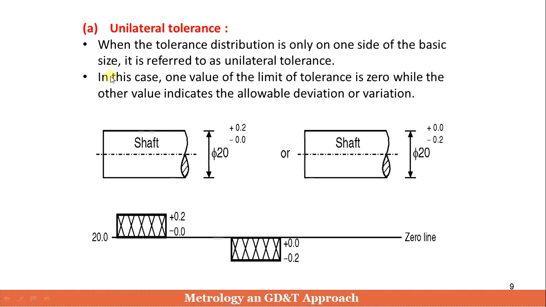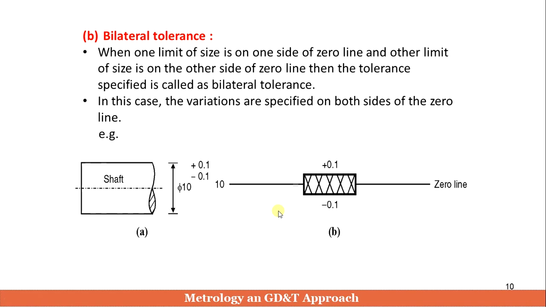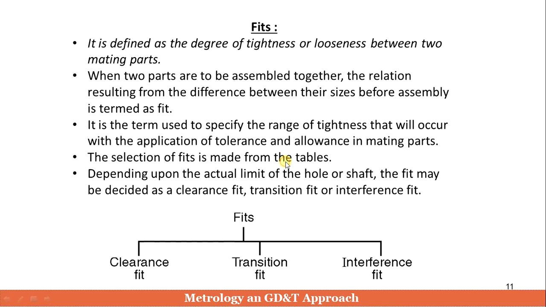That means unilateral tolerance represents the tolerance provided on one side of the 0 line. Then we have bilateral tolerance, which is provided by bisecting the 0 line, or we can say the tolerance provided on one side will be positive and the other will be negative.